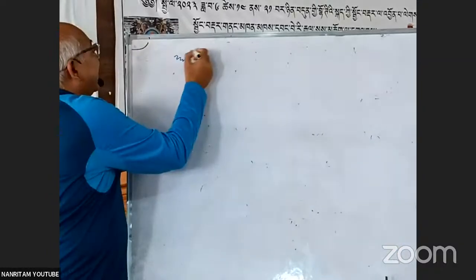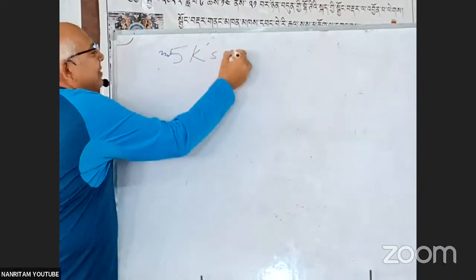What are these 5 things? मैं इसको बोलता हूँ 5 Ks. 5 Ks of force.